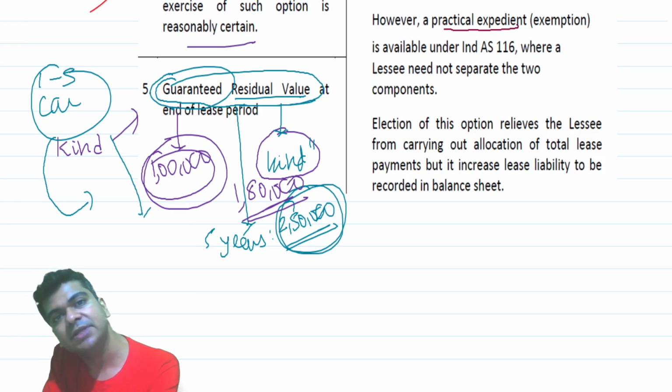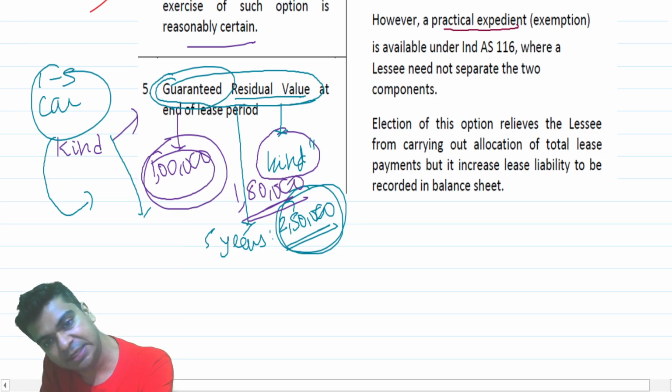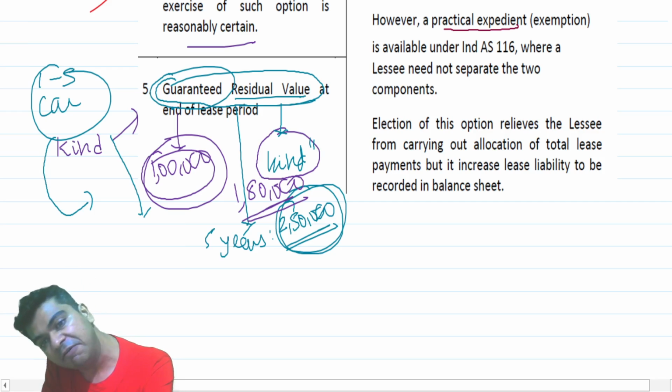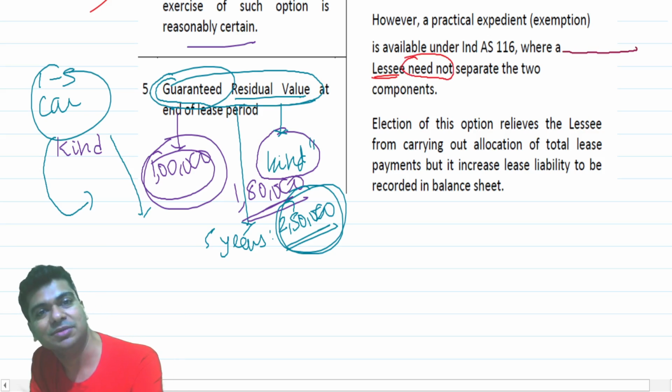Ind AS 116 understands my needs. What Ind AS 116 says is that a practical expedient is available under Ind AS 116. Please understand now, where a lessee need not separate the two components.